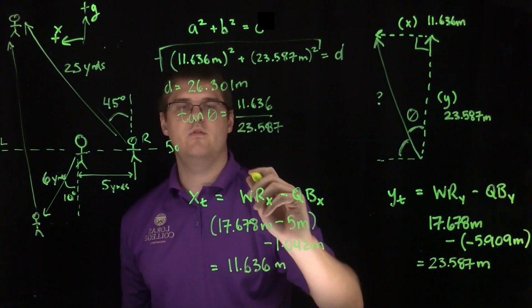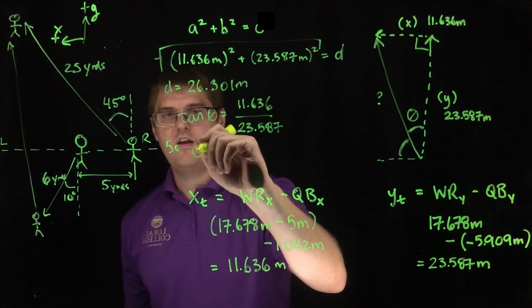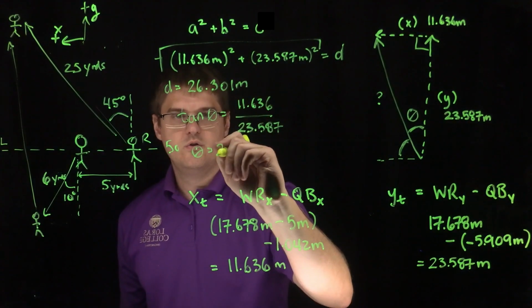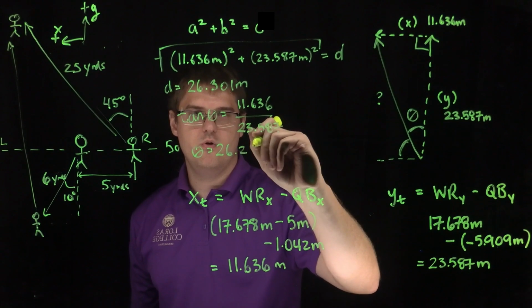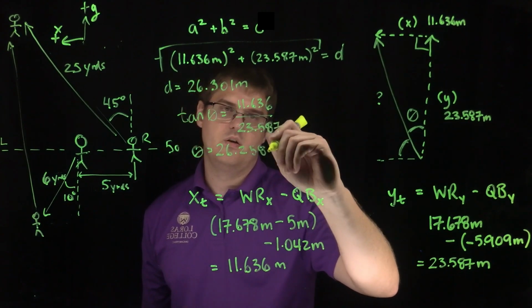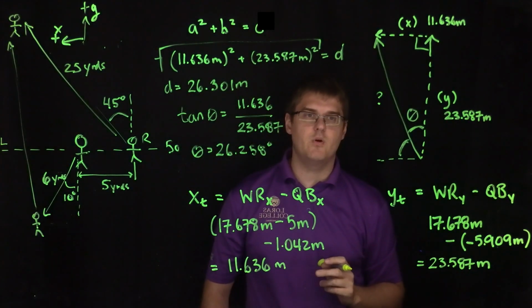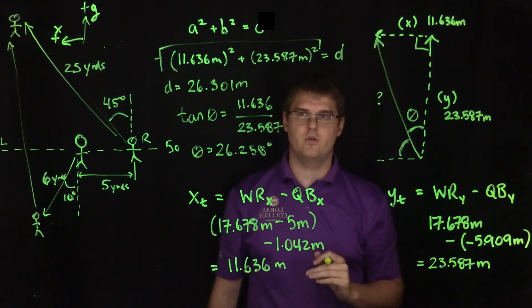So the tangent inverse of all of that, theta, comes out to be equal to 26.258 degrees. And that is 26.258 degrees to the left of straightforward.